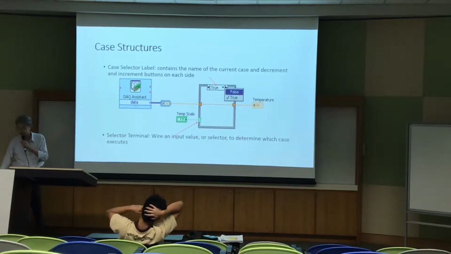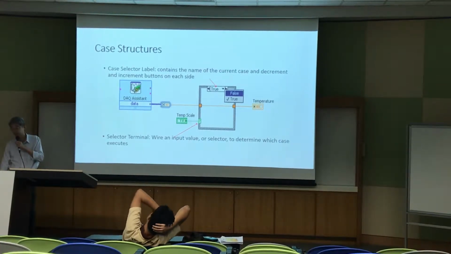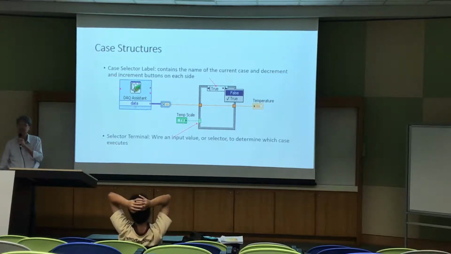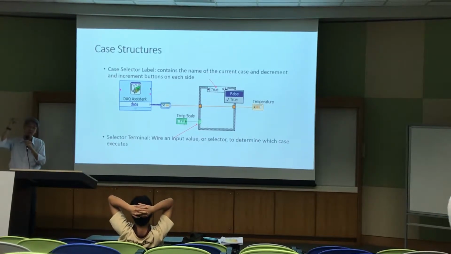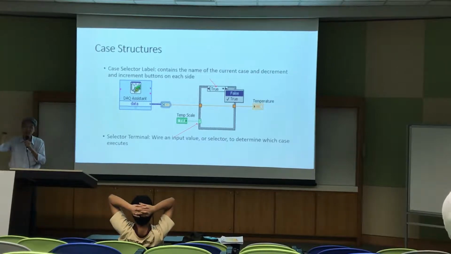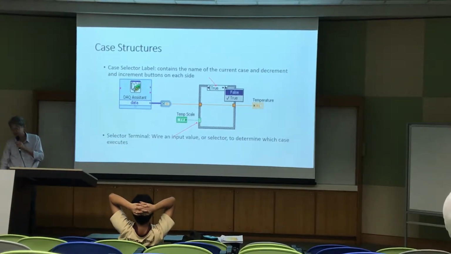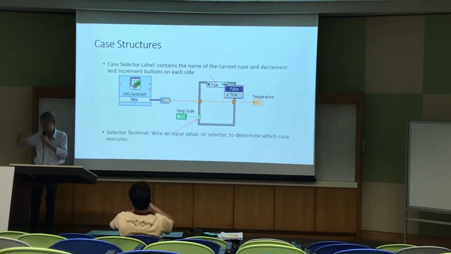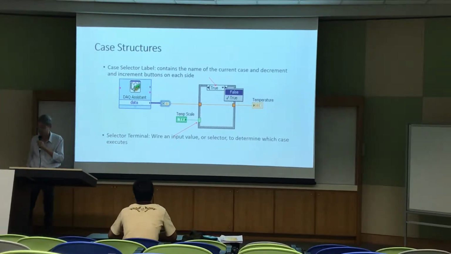Of course, in our state machine, the object input to this case selector is the enum, which we put a lot of items at different states into, so that this case structure can change from state to state according to the state machine program that you have programmed.